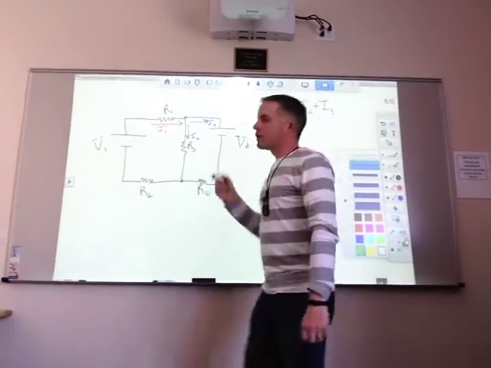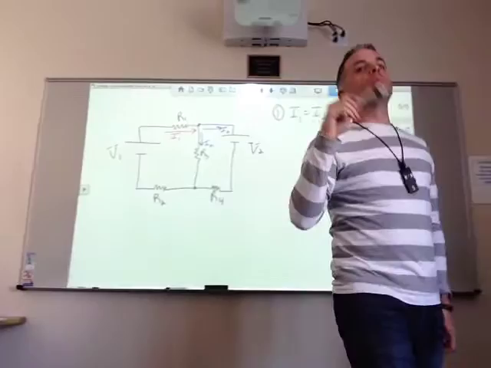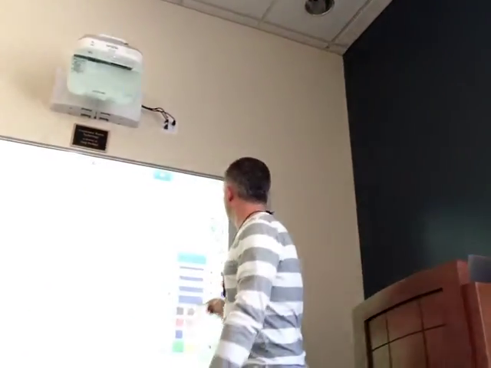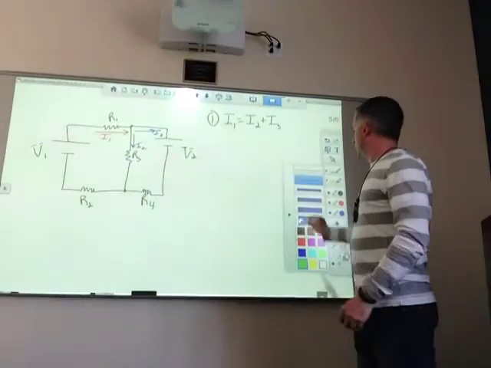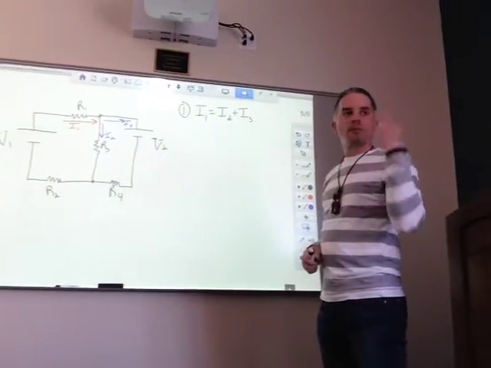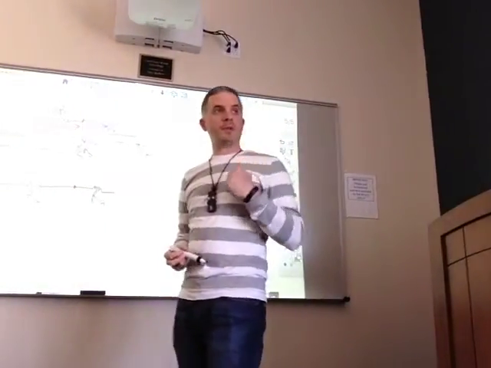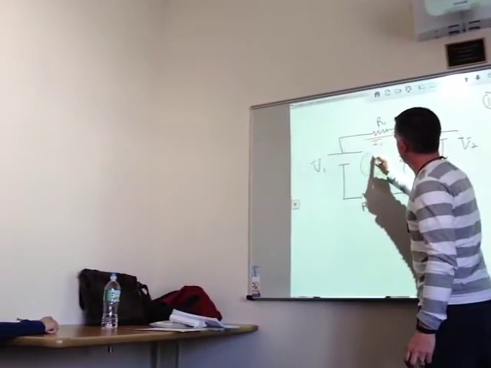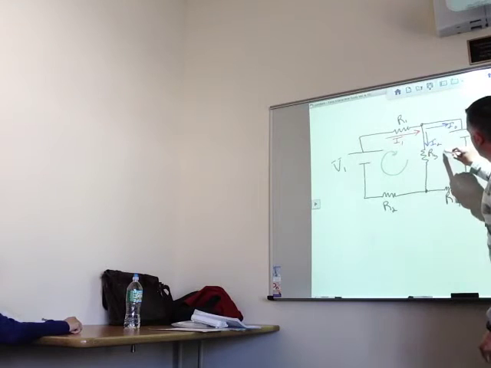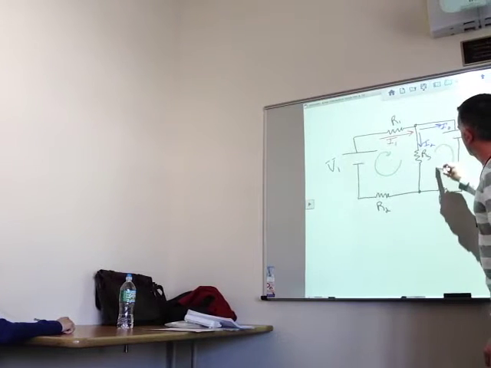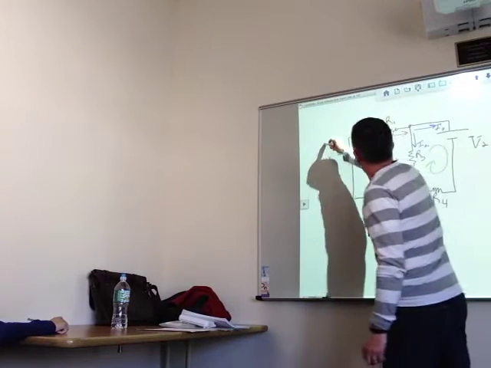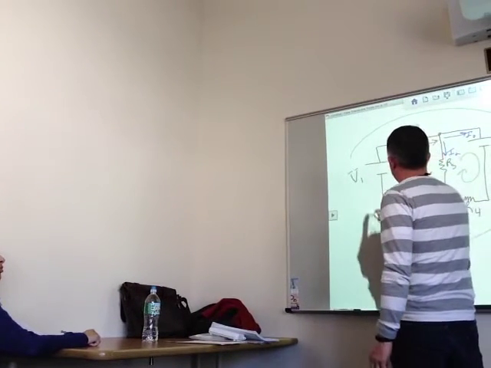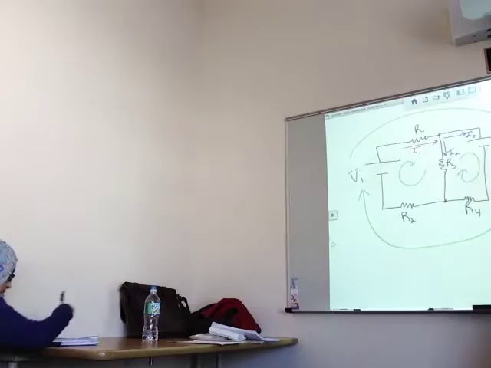Cool. So the next thing we want to do is go with the loop rule. We need to identify closed loops. How many closed loops do you think we have? We've got 3 loops. We have a loop right here, a loop right here, and a big loop.